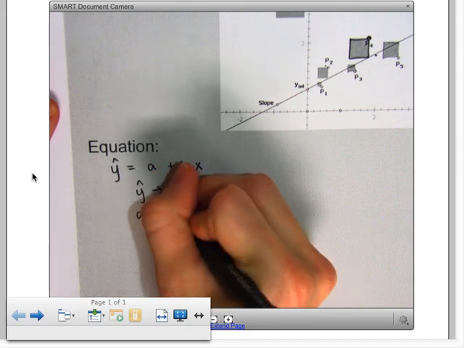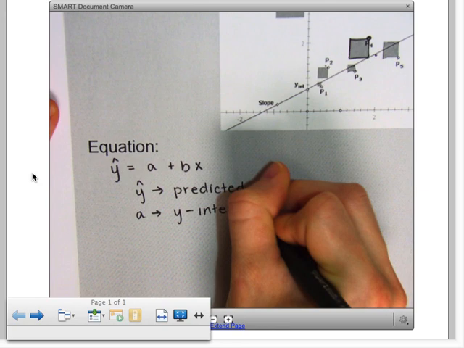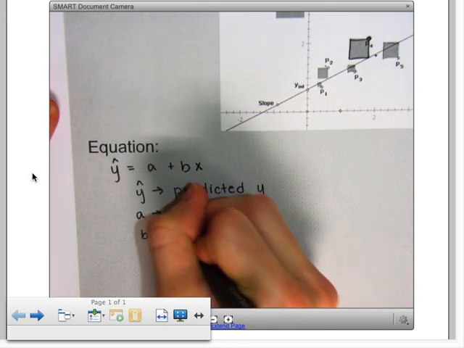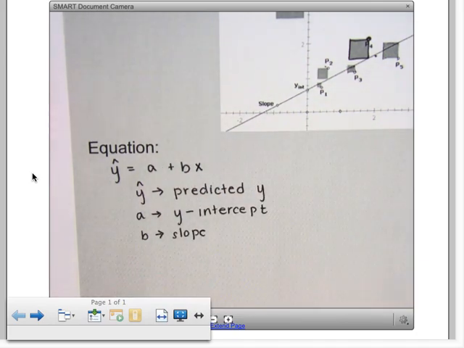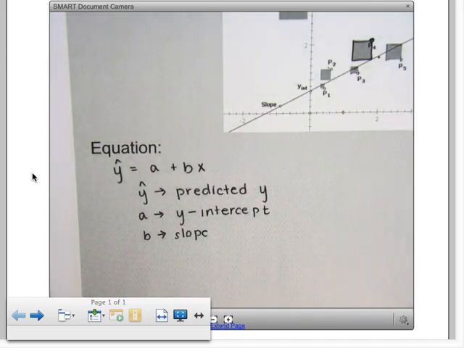A is the y-intercept. And then B is the slope. Okay, X is just any X value, so it's just going to stay X.